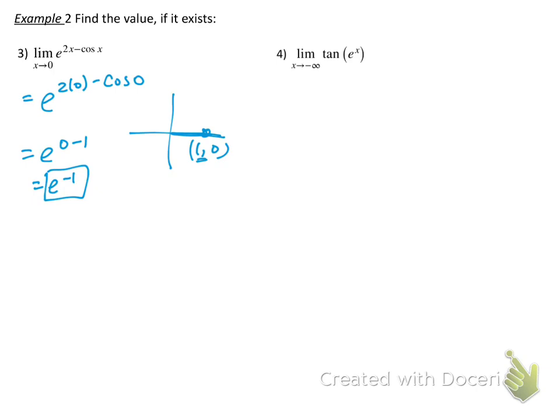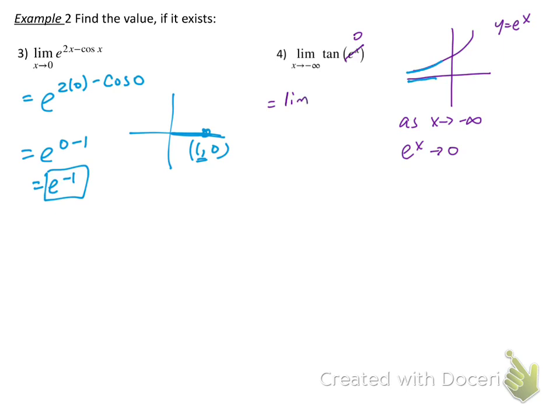And the graph of e to the x looks like this. Y equals e to the x. So as x approaches -infinity, e to the x approaches 0. So this will be 0.